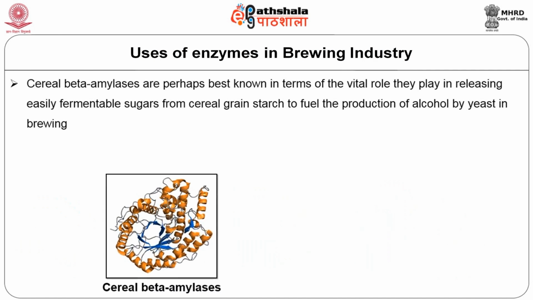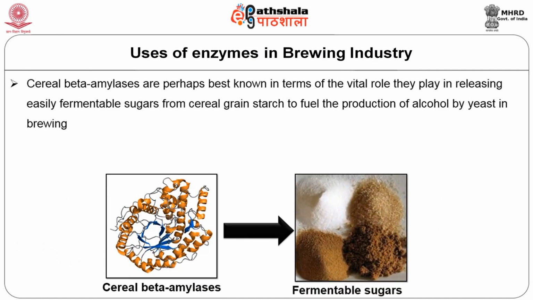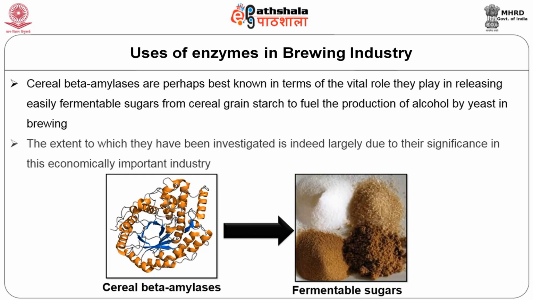Cereal beta-amylases are perhaps best known in terms of the vital role they play in releasing easily fermentable sugars from cereal grain starch to fuel the production of alcohol by yeast in brewing. The extent to which they have been investigated is indeed largely due to their significance in this economically important industry.